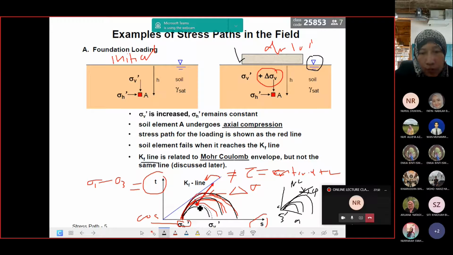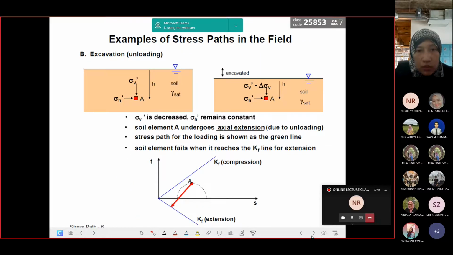KF line ni kita akan dapat daripada stress path. Meanwhile Mohr circle failure line ni dia dapat daripada tangent of the Mohr circle failure envelope. Okay, this slide showing you unloading conditions yang mana tadi you akan nampak the KF ataupun the vertical stress increase and also the stress path heading forwards.